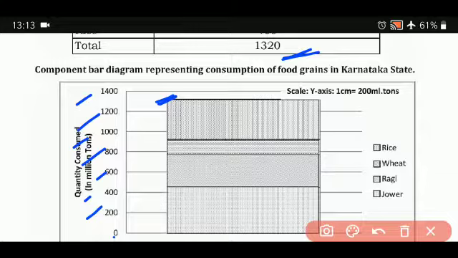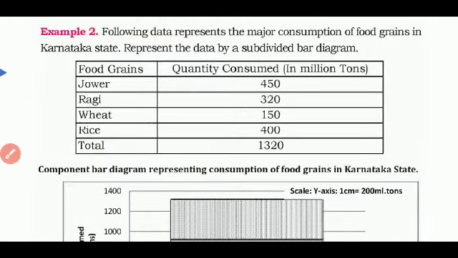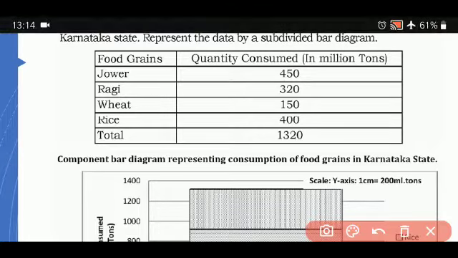And then afterwards, the first value is what here? The first value is 450. This will be as it is. Now this value 450 plus 320 will be 770.